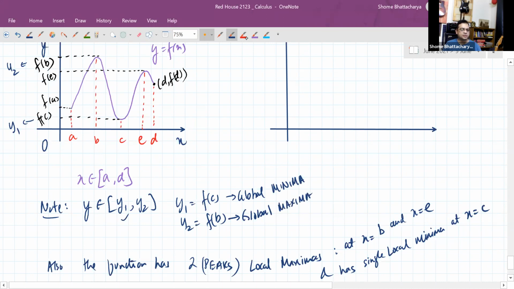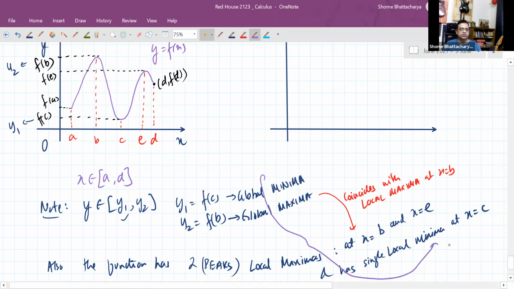Now this global maxima, it is coinciding with local maxima at x equal to b. And similarly, the global minima coincides with the local minima. In this example, this is what is happening.